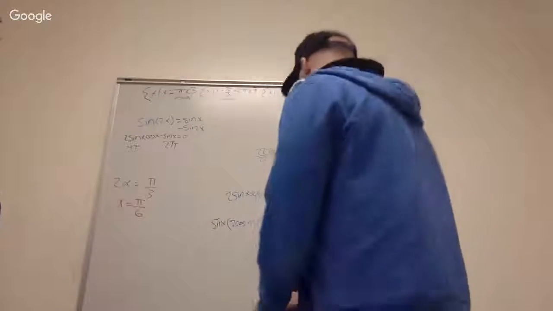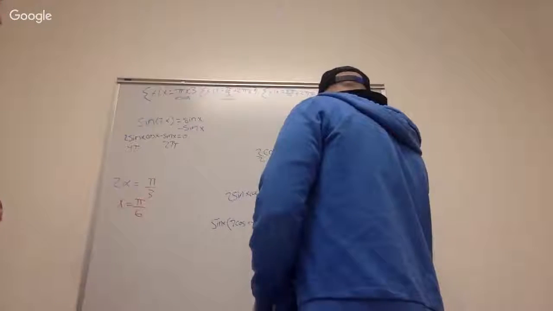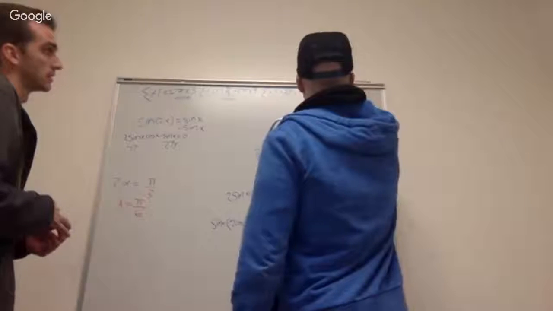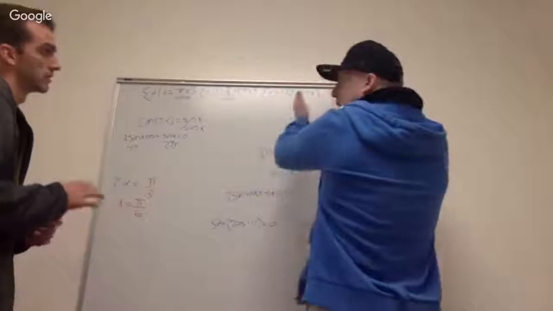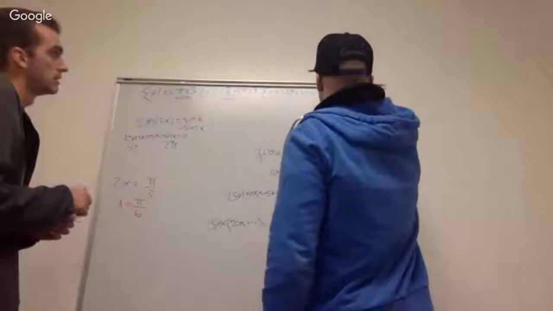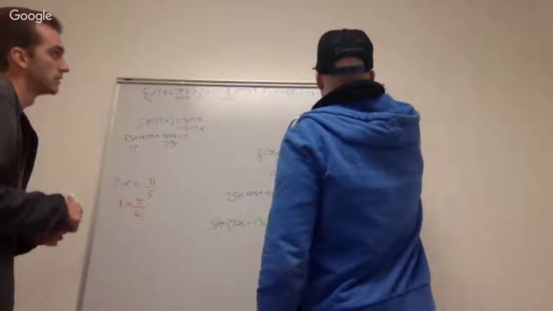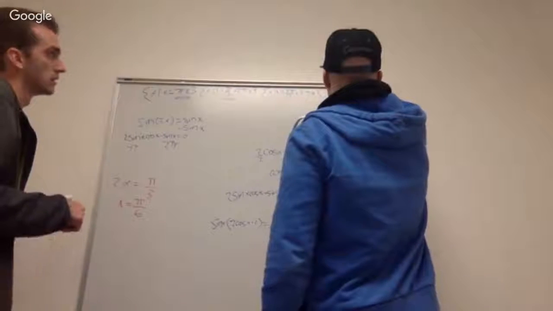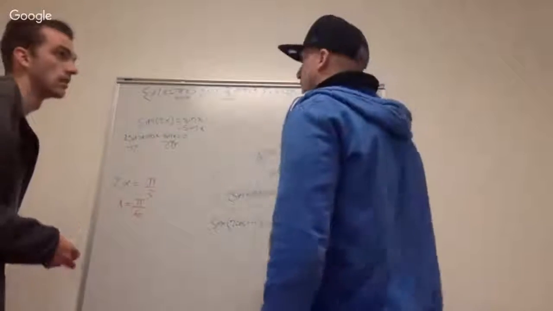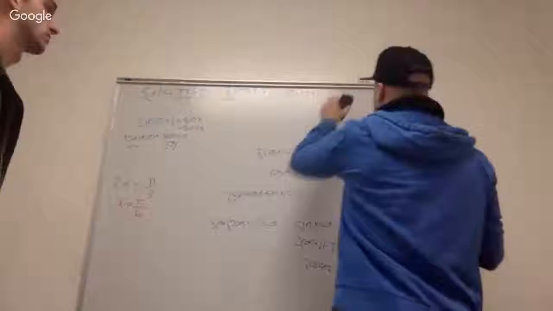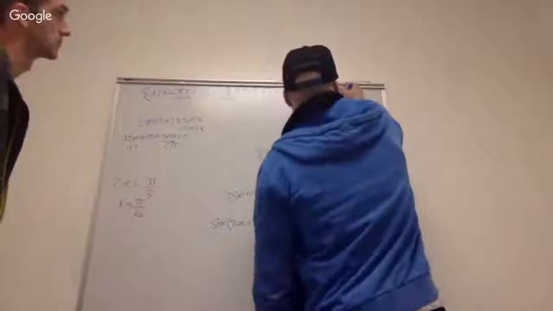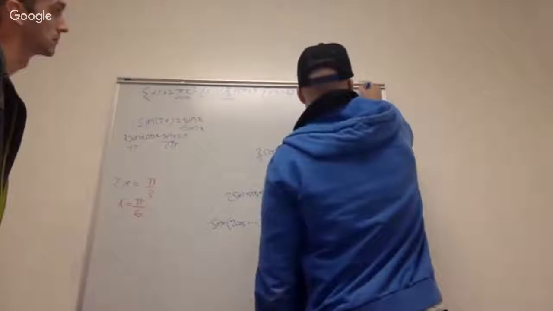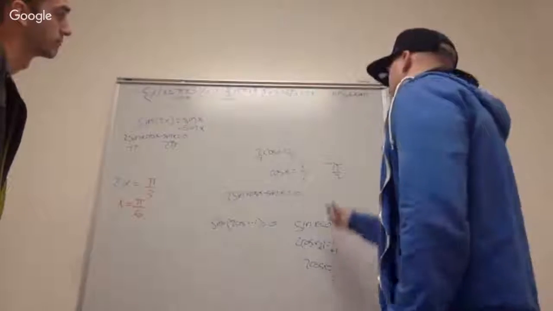But the question asks for all solutions, not a set of values. Because he'll say between 0 and 2 pi, and then you have to find all the values. But for this one, it just says find all solutions. So this one would actually work because it's still 1/2.